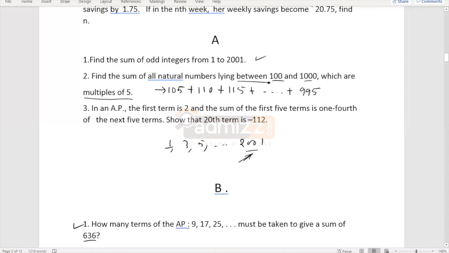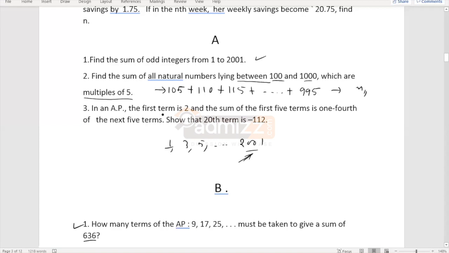Now you have to find the n, and you can get the sum of all natural numbers between 100 to this. First of all, your aim is to find the value of n. Correct?